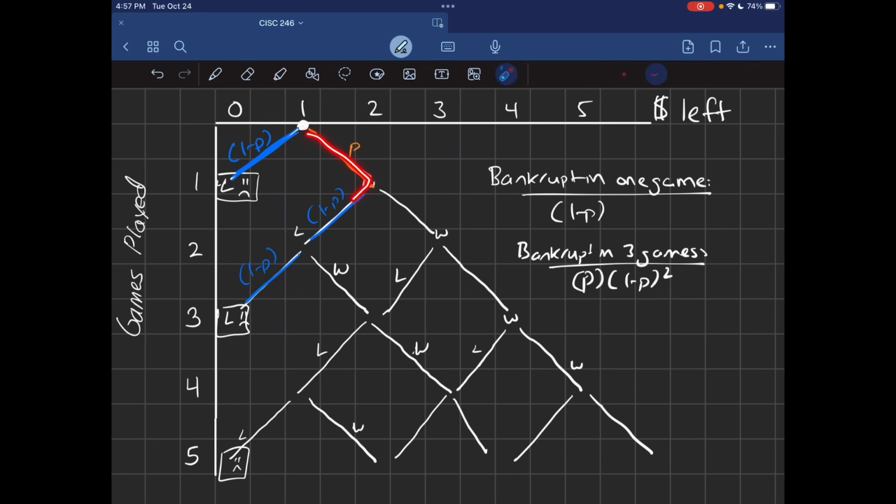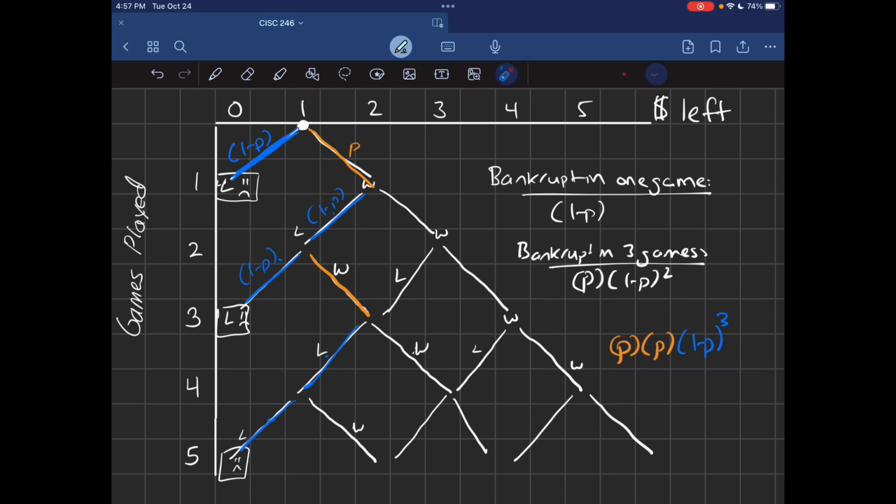Yep. Okay. And then we also need to get down here on 5. And that's happening, let's see, I can go this way. Okay, so that's one path, so I need to count that. So let's calculate that. That means I have a p here, and then total there, so I have p and p. And then I also have 1, 2, 3, 1 minus p cubed.